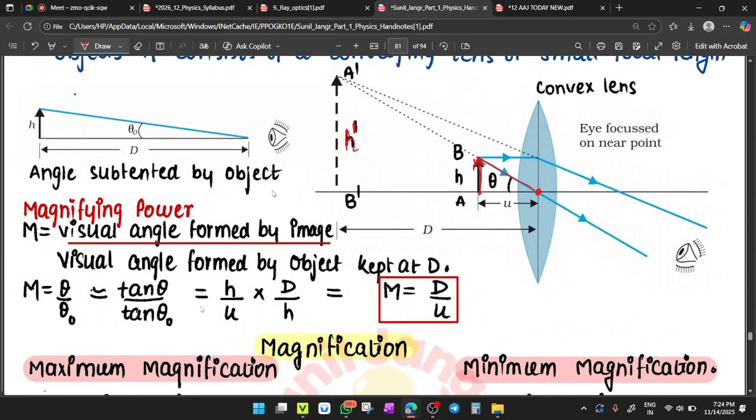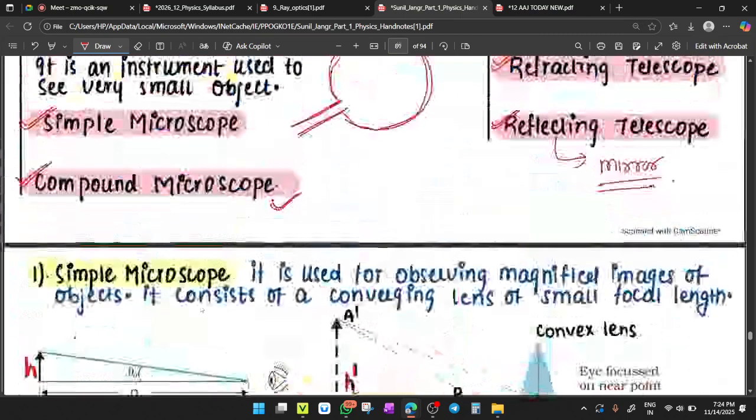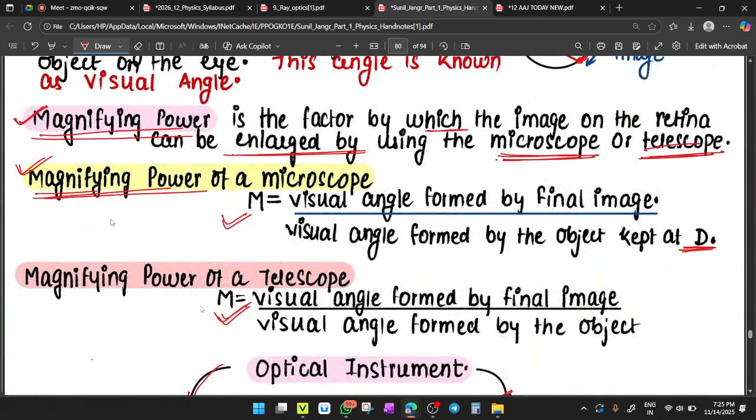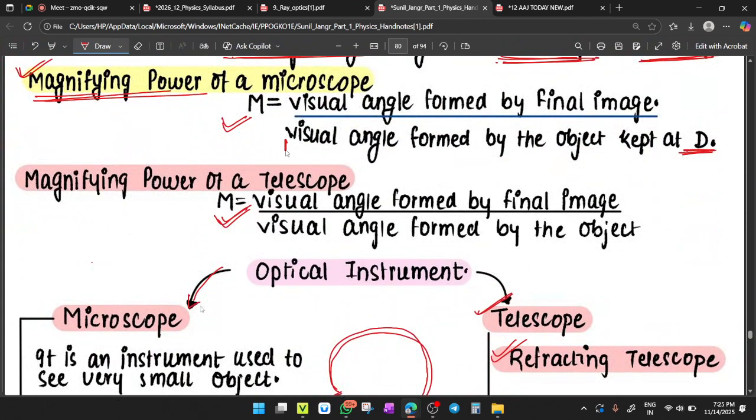Now, angle subtended by the object. Your object is of height h. Remember, for a microscope, the visual angle is formed by the object kept at d. You have to take the object by normal adjustment, like when you have a hand lens. You adjust your object to make its clear image, moving it up and down.